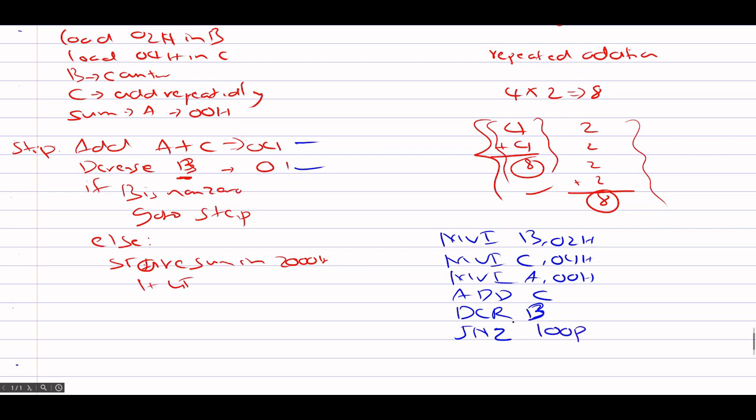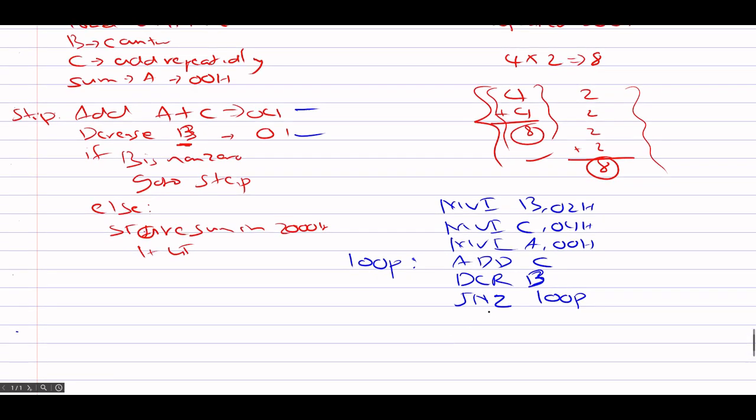That location is where I would like to repeatedly add C or 04 to the sum until the counter B goes down to 0. Once the counter B goes down to 0, this particular statement is not executed. Now the sum is in the accumulator, so we store this sum from the accumulator in memory location 2000H, and then terminate this program.